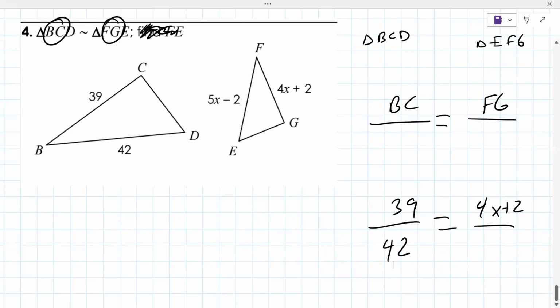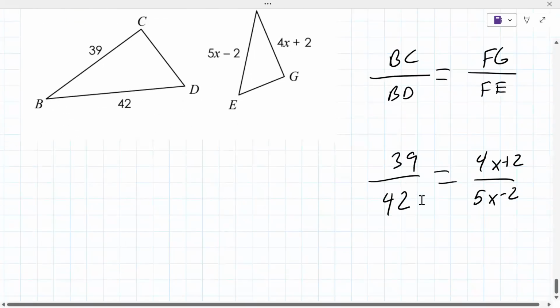So what goes in the lower right here? 4x minus 5x minus 2. Right. So BD goes with FE. Okay. All right.